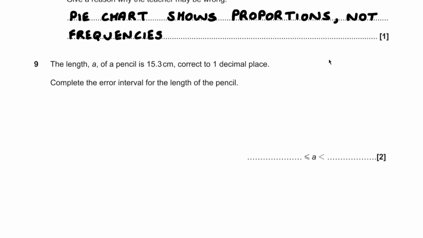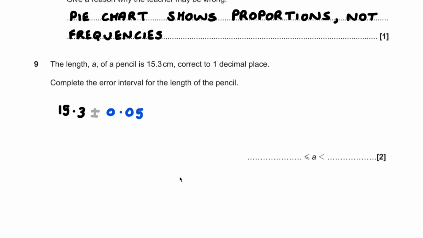Question number 9. The length A of a pencil is 15.3 centimeters, correct to one decimal place. We have to complete the error interval for the length of the pencil. Well, what we have to do is take this 15.3 and then we add and subtract 0.05, which is half of the 0.1 because we're dealing with one decimal place.